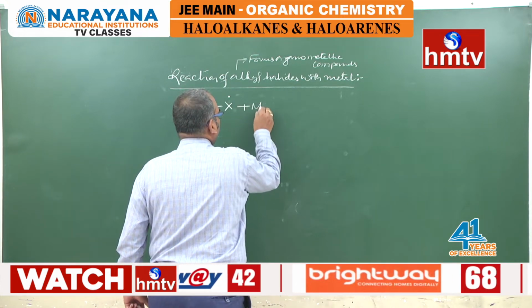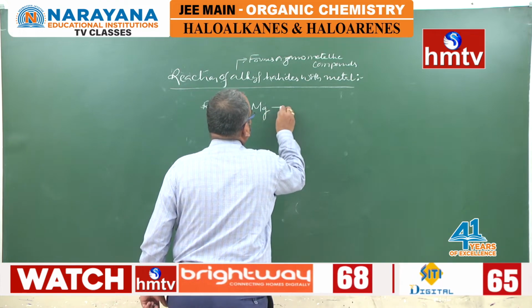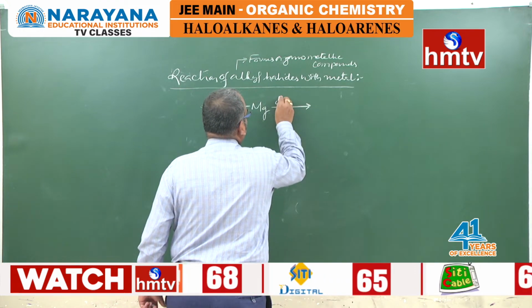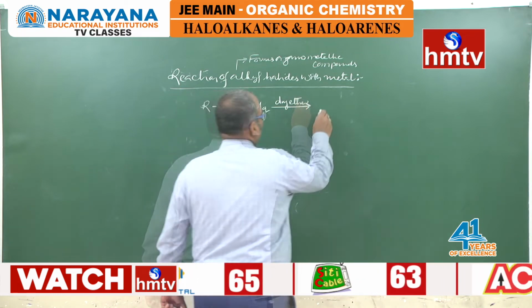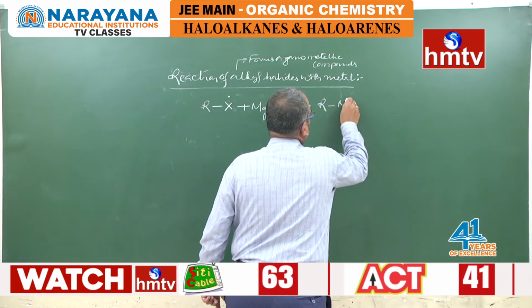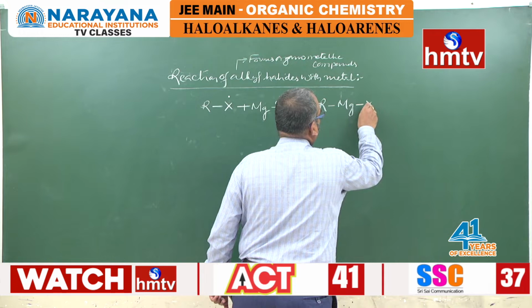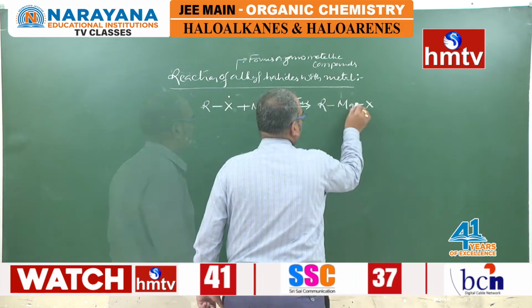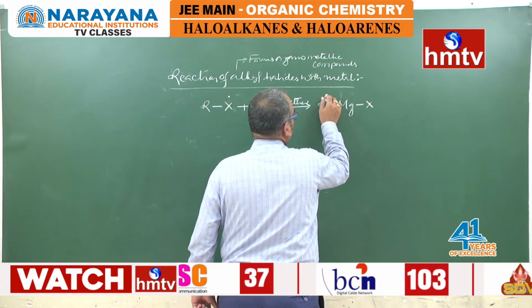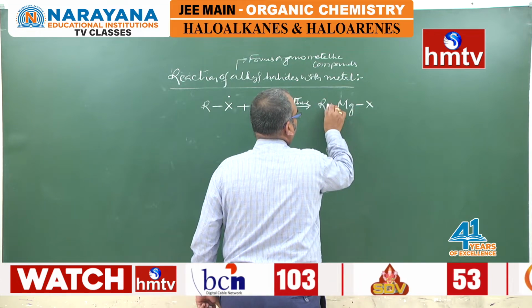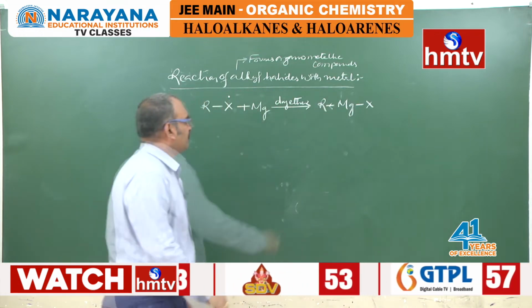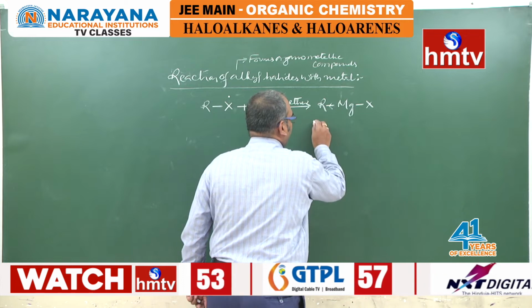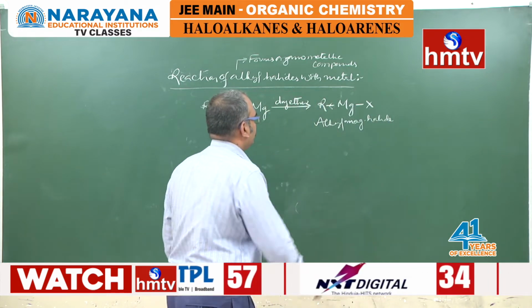Alkyl halide, when heated with magnesium in dry ether medium, forms a compound called RMgX, alkyl magnesium halide. You see this.